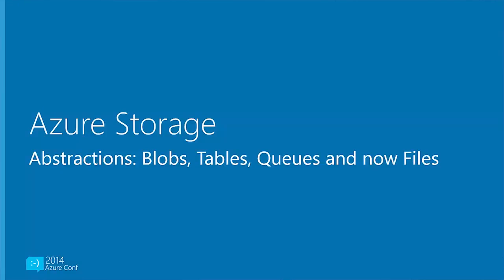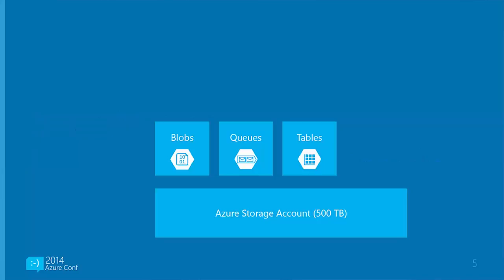Okay, so Azure Storage. Azure Storage has been around for a very long time now, and at its core it exposes three different abstractions. The first abstraction is blob storage, or Azure Blobs.